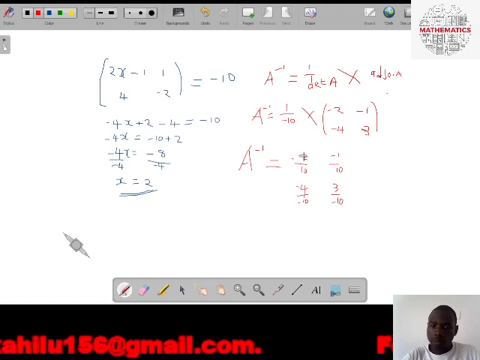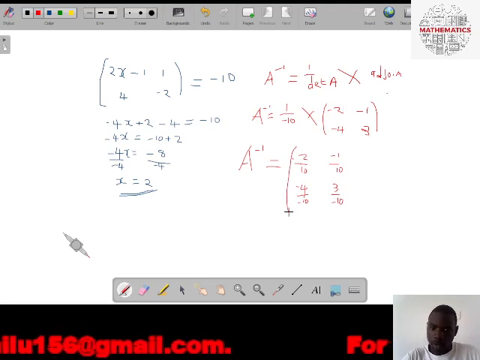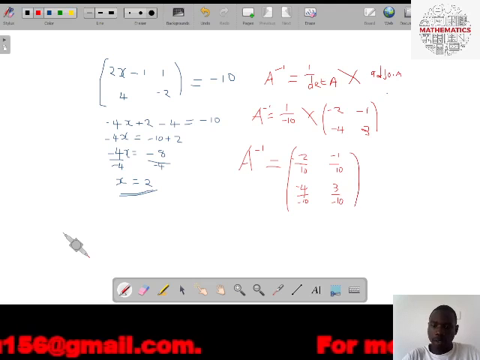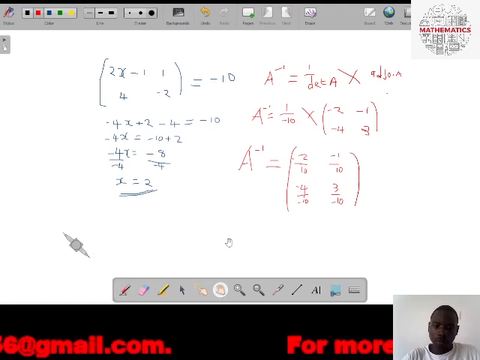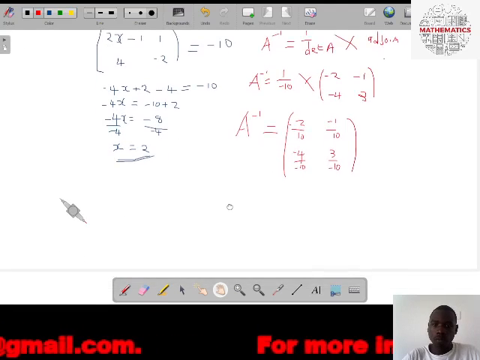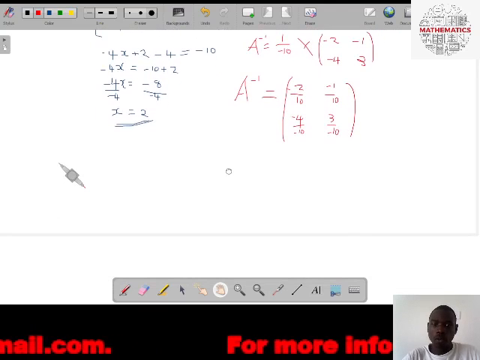And then after that you need to put them in brackets showing that it's a matrix. I'm sure you're able to follow.